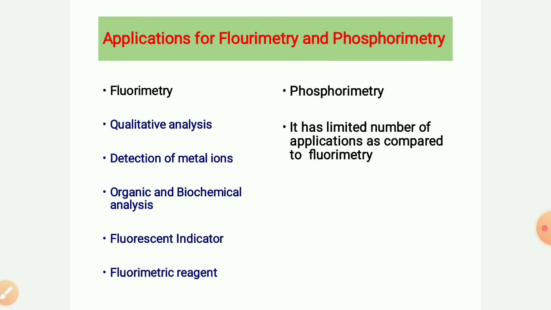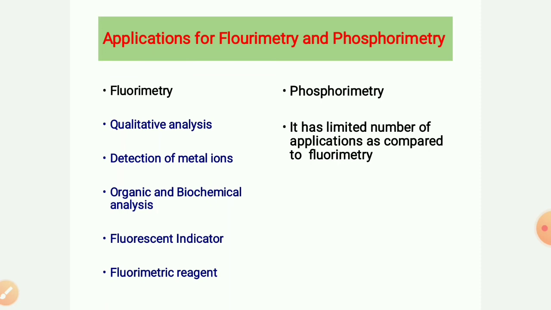Ruthenium can be detected in the presence of other platinum group metals as it forms a strong fluorescent complex with 5-methyl 1,10 phenanthroline at pH 6. Uranium can be determined by this fluorimetry. Iodide has been detected by virtue of its ability to decrease the fluorescence. So these are some applications in the detection of metals by using fluorimetry.